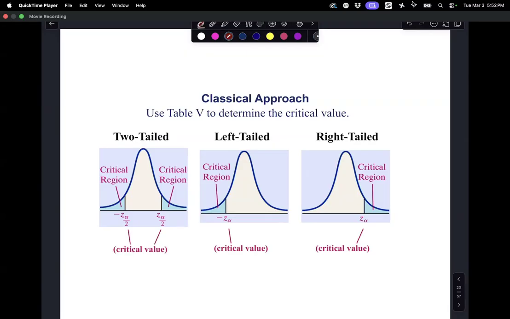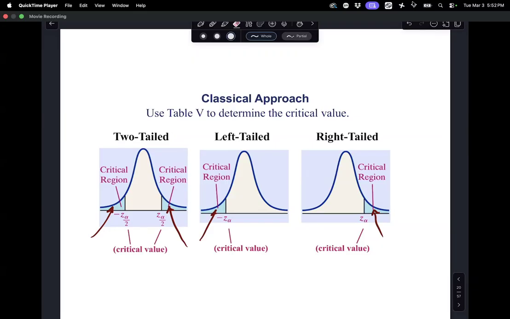This area out here is the critical region because what that's telling me is if my sample lands me out there in the critical region, it's going to cause me to reject the null hypothesis. So if my sample lands me out there, that's kind of a critical thing. I'm going to reject the null hypothesis. The critical value.